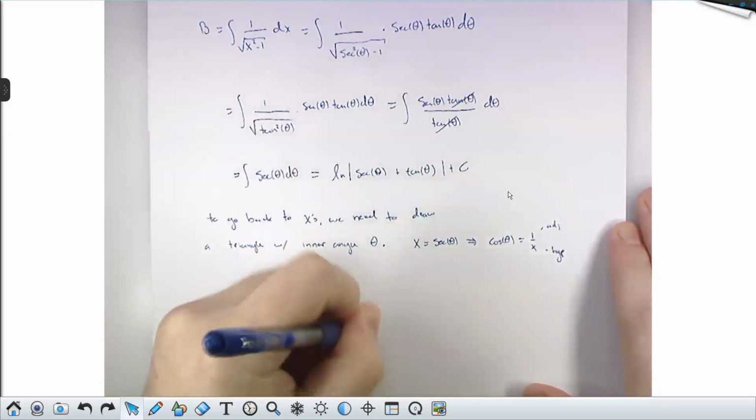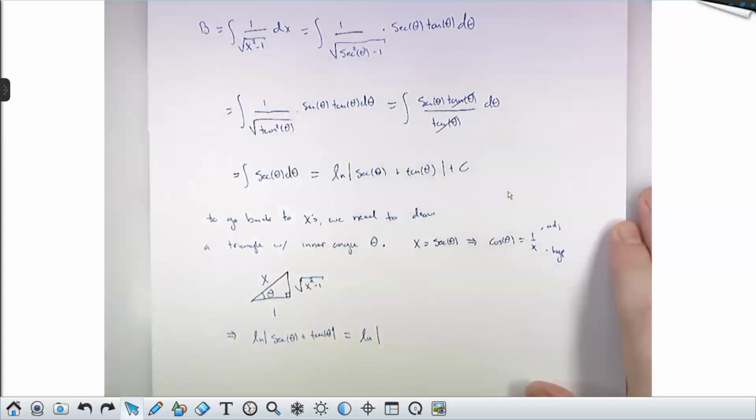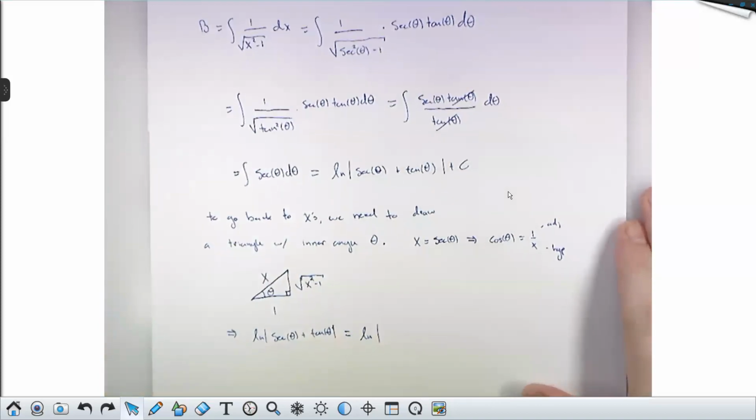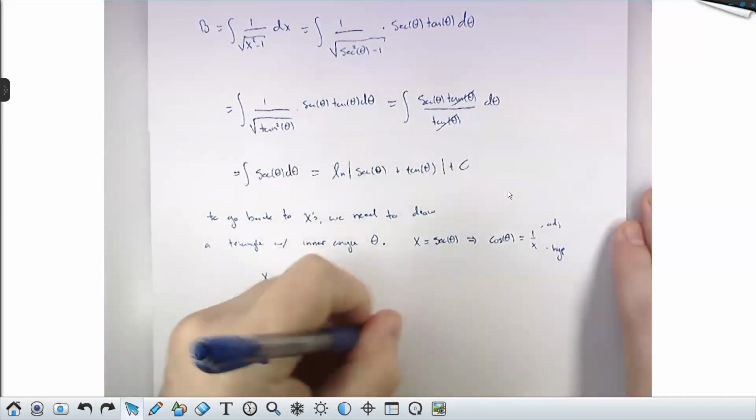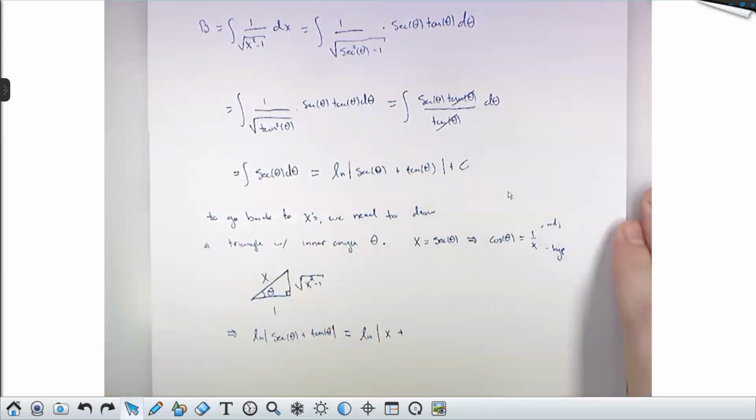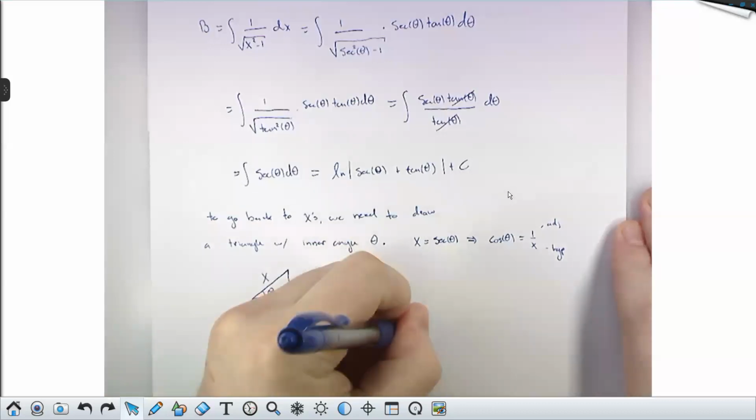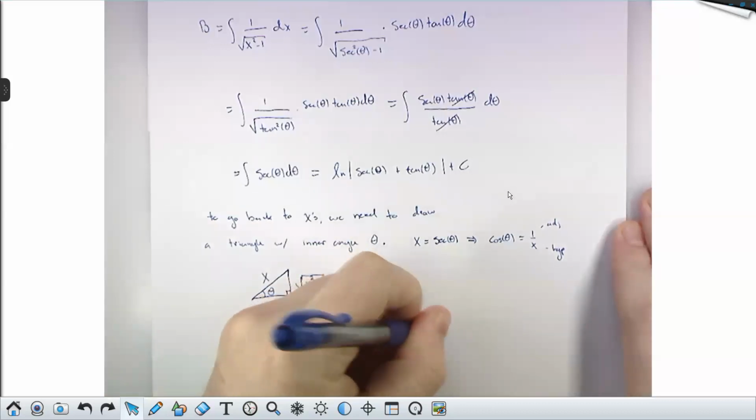So the natural log of secant theta plus tangent theta is the natural log of, what's secant theta? That's the hypotenuse over the adjacent, that's x. What's tangent theta? That's the opposite over the adjacent. That's the square root of x squared minus 1.